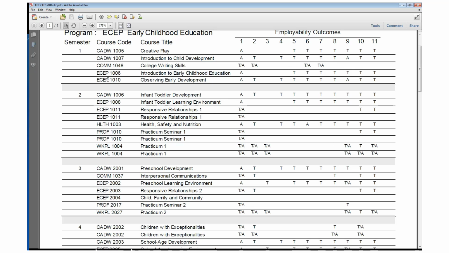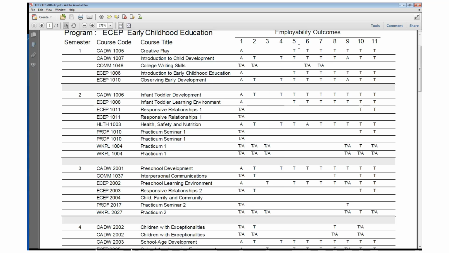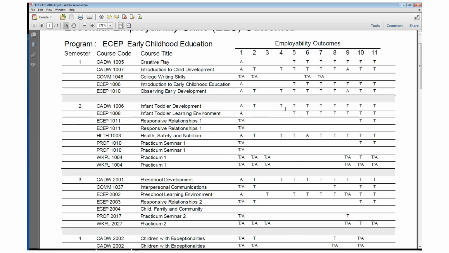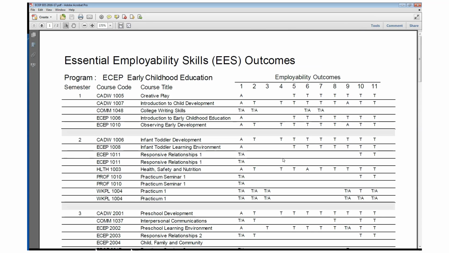If we follow this down the page through the student experience over 2 years, and just choose, for example, 5, we'll see that it's taught, continues to be taught, and it's not assessed at all until the practicums in semester 4. So that might be an opportunity for a program team to look at that and say, should we be giving them some feedback in the form of assessment of these employability skills prior to their practicum experience in the 4th semester?